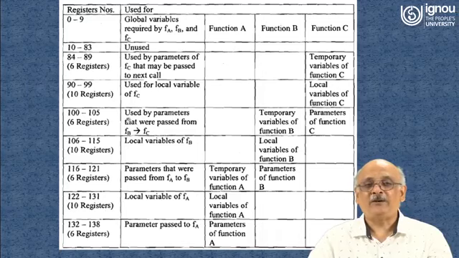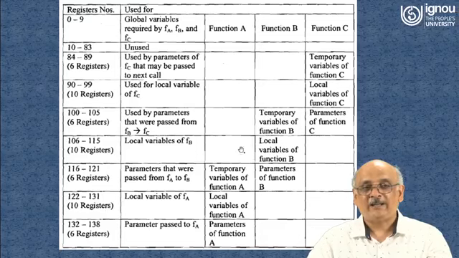Then the context is moved to function B. So function B gets its own local variables in these new registers. It is not affecting the older function A registers at all. It is not touching them. There are new registers which are required and the processing can take place in these registers.